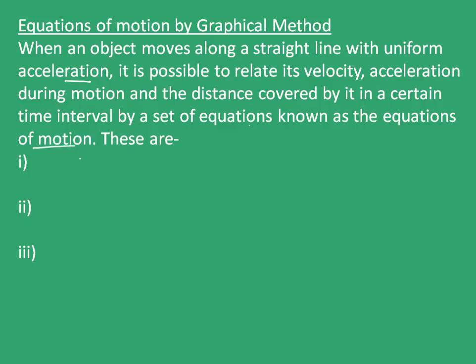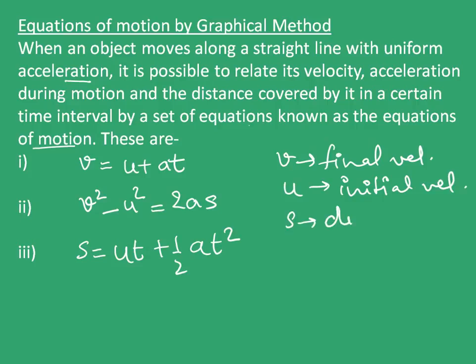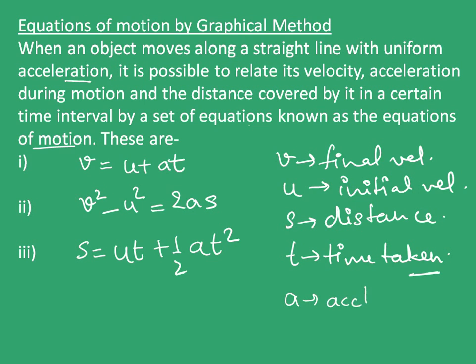These are: the first one is v equals u plus at, the second is v square minus u square equals 2as, and the third is s equals ut plus half at square, where v is final velocity, u is initial velocity, s is the distance traveled, t is the time taken for this distance to travel, and a is the acceleration during this time interval.